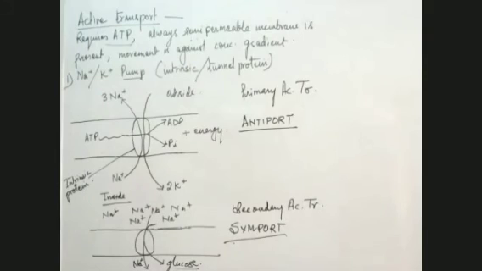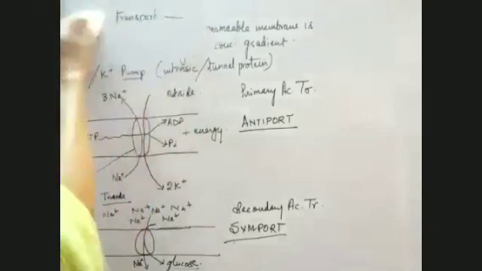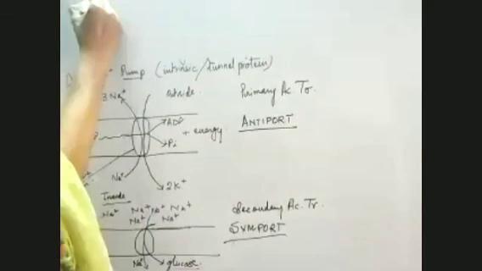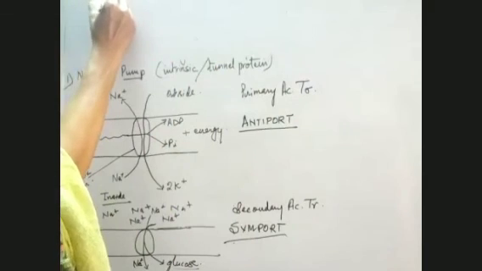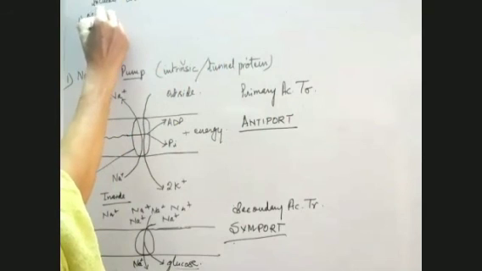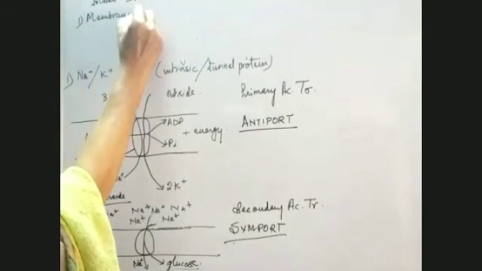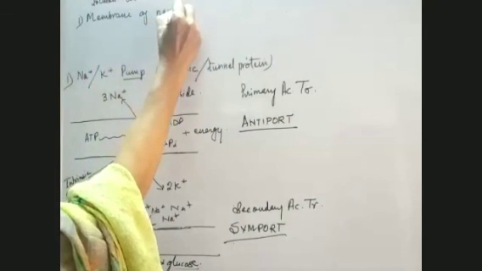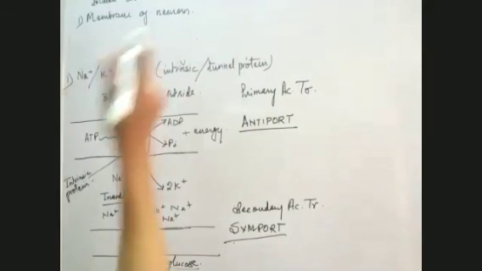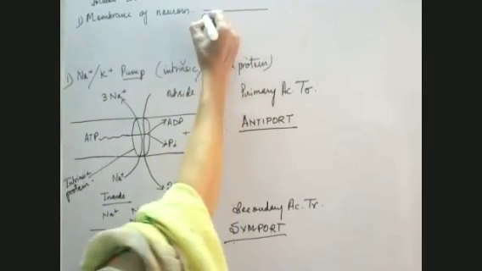The sodium potassium pump is found, or located, number one, in the membrane of neurons.